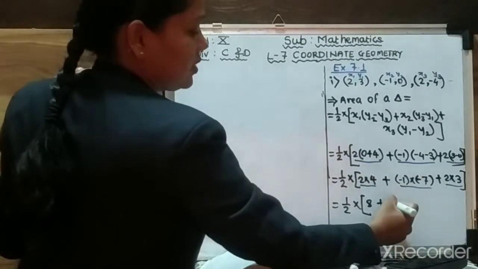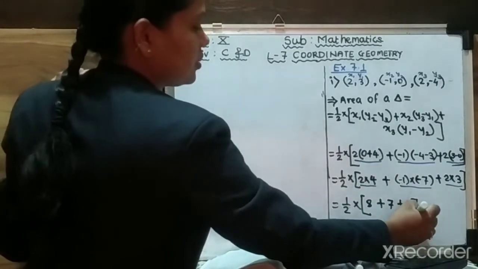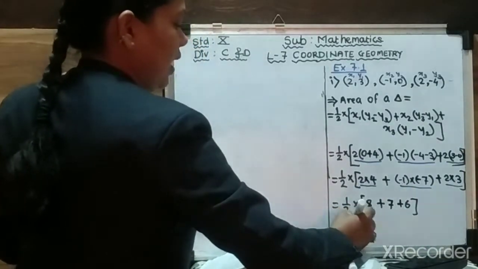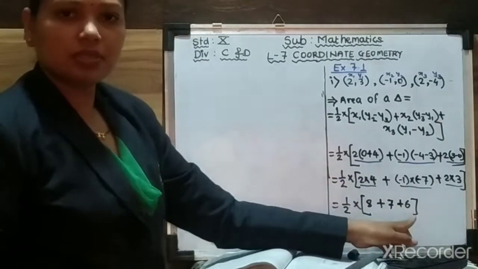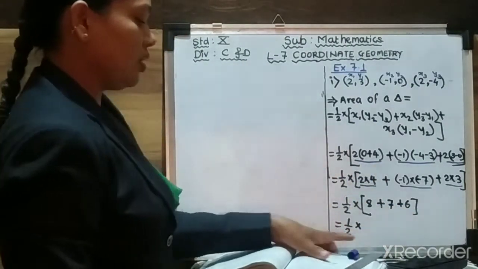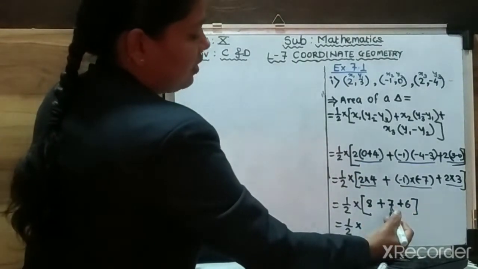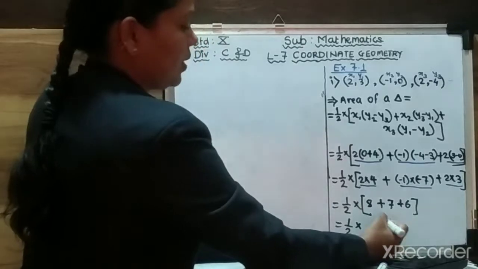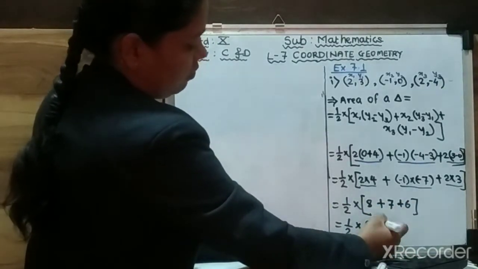Minus 1 7s are plus 7 and 2 3s are 6, right? So we will have 1 upon 2 multiplied by 8 plus 7 plus 6. Do the addition of these three numbers. 8 plus 7 is 15, 15 plus 6 is 21.